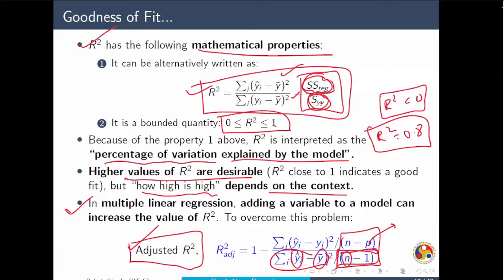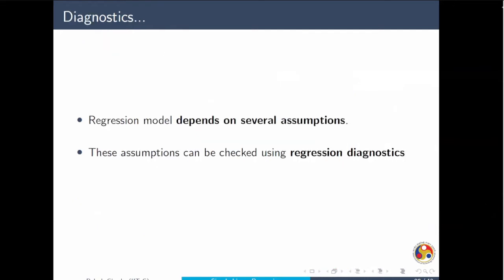There is a restriction, the summation of yi, and that restriction causes the loss of 1 degree of freedom. Similarly, this is coming from the residuals, and we have p parameters there. So the degrees of freedom there is n minus p. That's all I can explain to you; for the rest, you need to read about it.